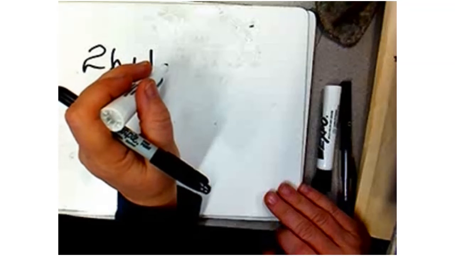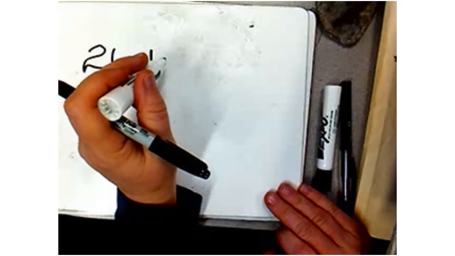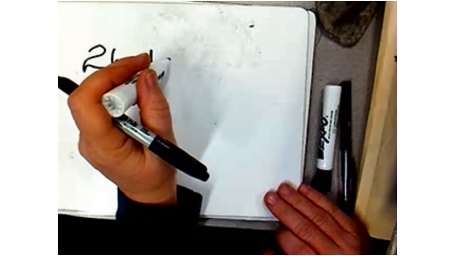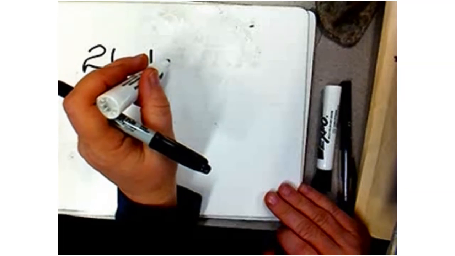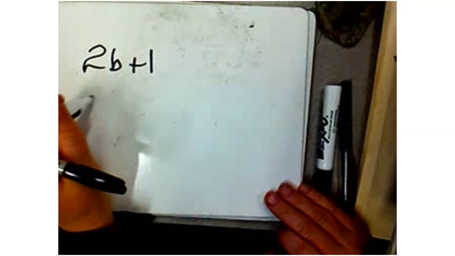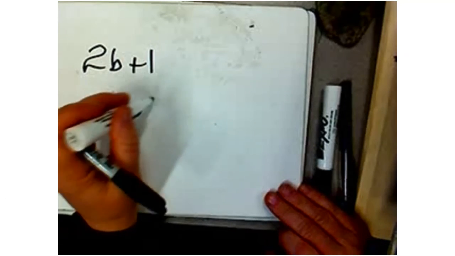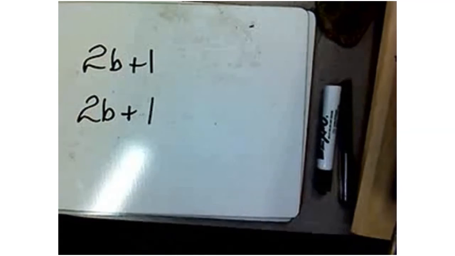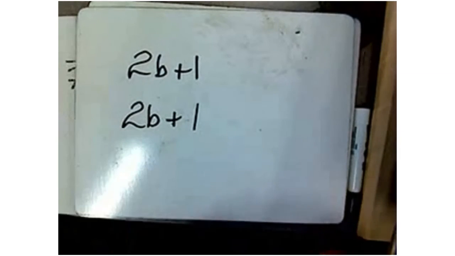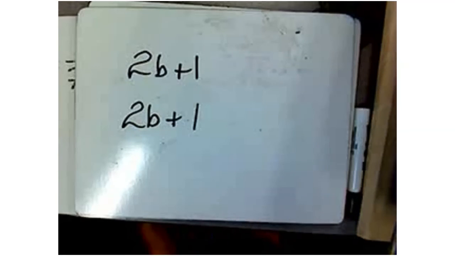They've created similar triangles, created corresponding congruent angles. So we know that the other angle would have to equal 2B plus 1. That's all there is to it. We would just repeat that angle measure because we know the angles are similar and we know we've got parallel lines with a transversal, and so corresponding angles are going to be congruent. Right? So that is the entire section 9-5.